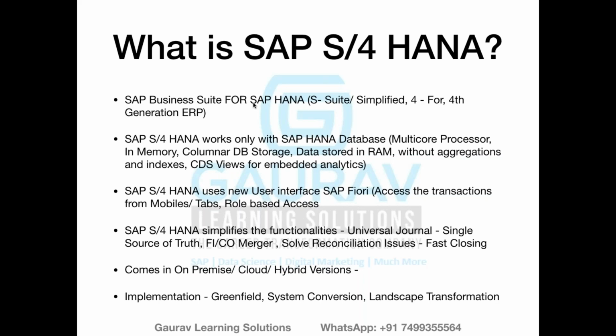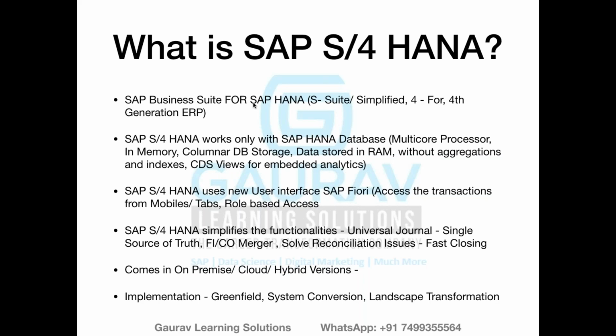Half of the information is available in one system, half in another system. My BI system is different, my BW system is different. There are a lot of things. I need to create my reports in Excel, I need to create my graphs manually. So there are a lot of problems due to which CFOs are not able to close their books on time.